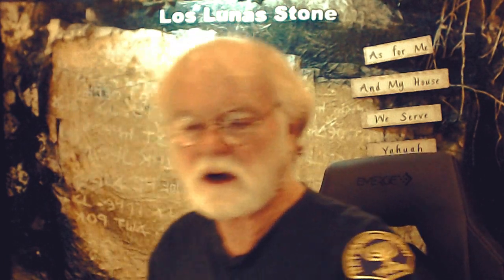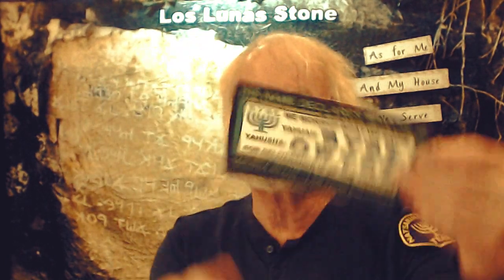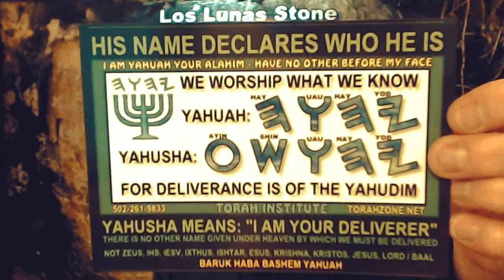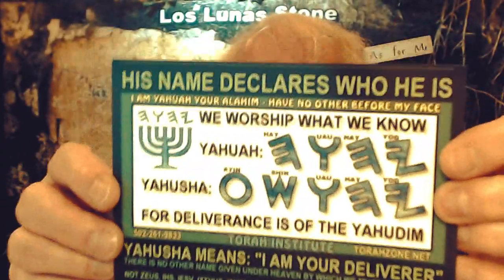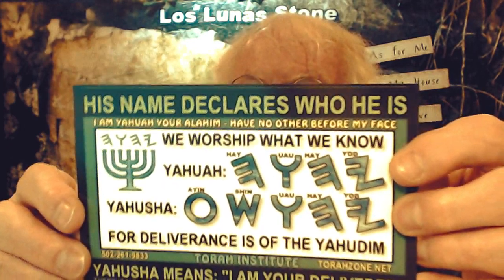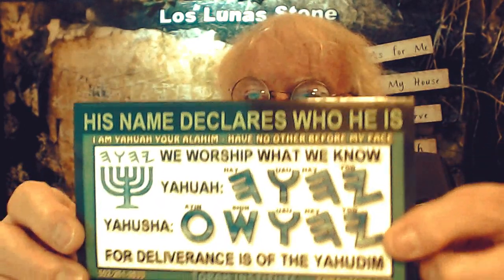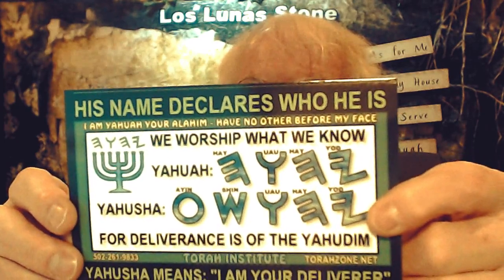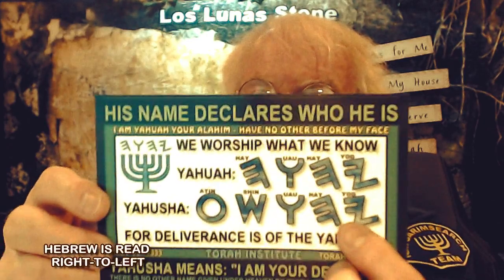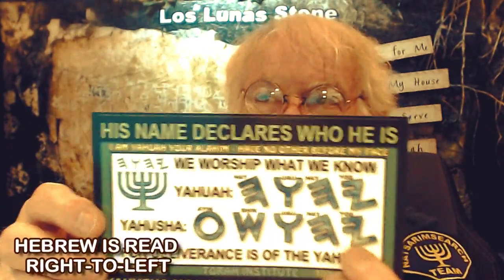And we have this card. It's kind of like a postcard, kind of a cardboard deal. And it's got a study of the letters in the Hebrew for the name of Yahuwah. That would be right here. Four letters that are all vowels. And then right here below it, you've got the name of the Mashiach that has the first three letters being the same, because Hebrew is read from the right to the left.